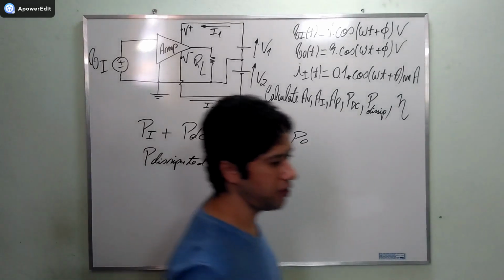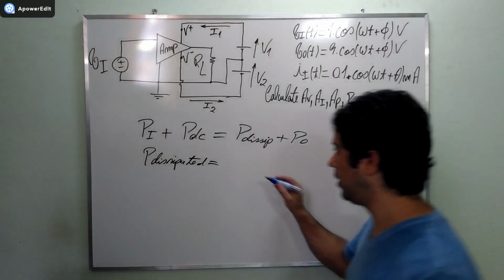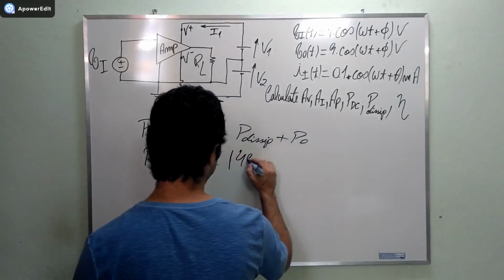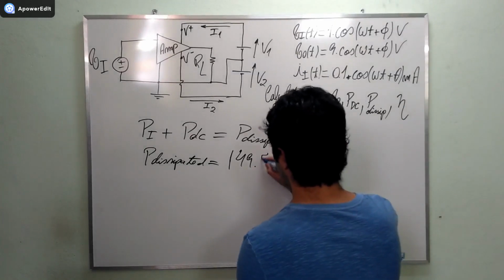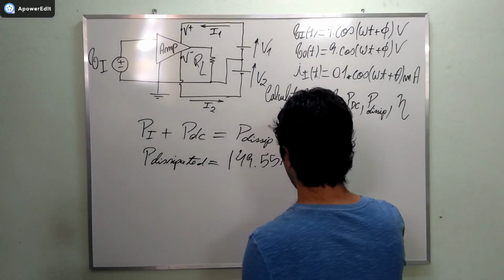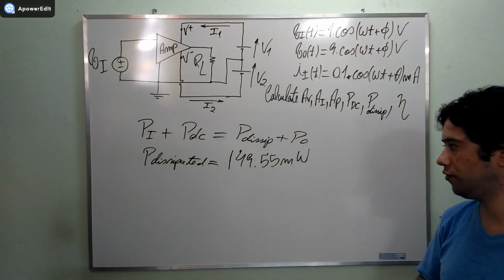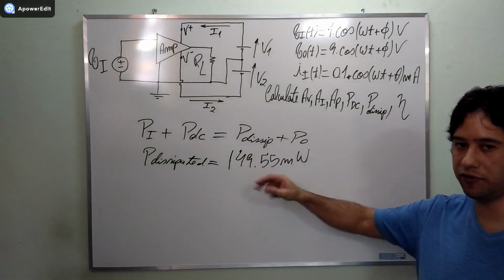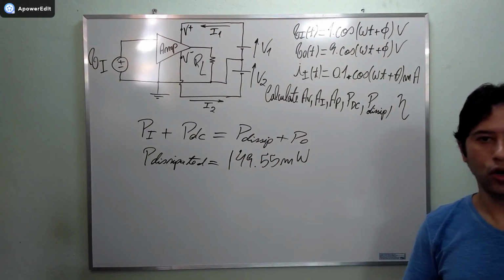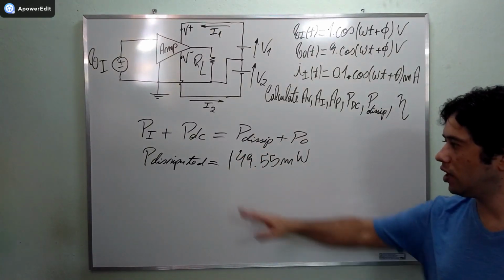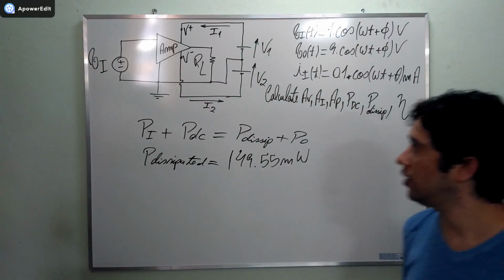Then we can simply plug in the values and find that the power dissipated is 149.55 milliwatts. My friends, this was the power dissipated by the component, by the device.